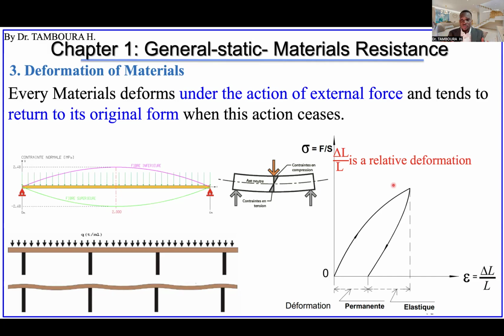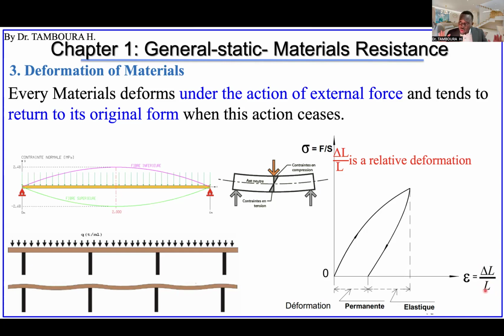It means you have added 0.5 centimeter by pulling. So your delta L will be 0.5 centimeter. You can calculate it as the final length minus initial length, so 10.5 minus 10, and you divide by the original length, the initial length, which is 10 centimeter.